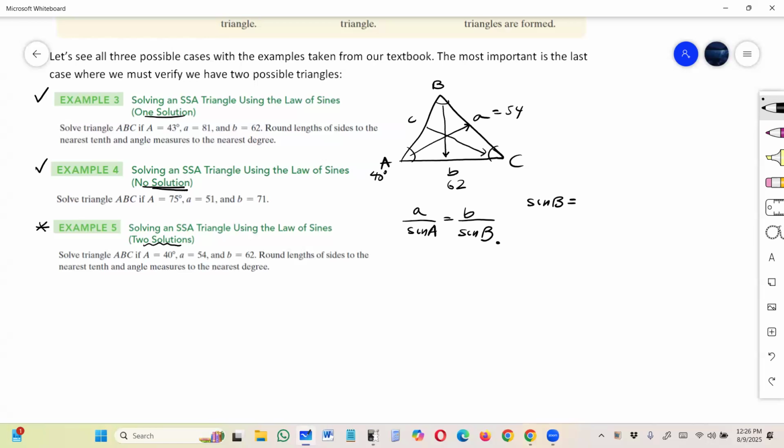Sine B is equal to B times sine A, meaning angle A, divided by side A. Now, B is 62, sine A is sine of 40, and side A is 54. Okay, so I'm going to get sine B.